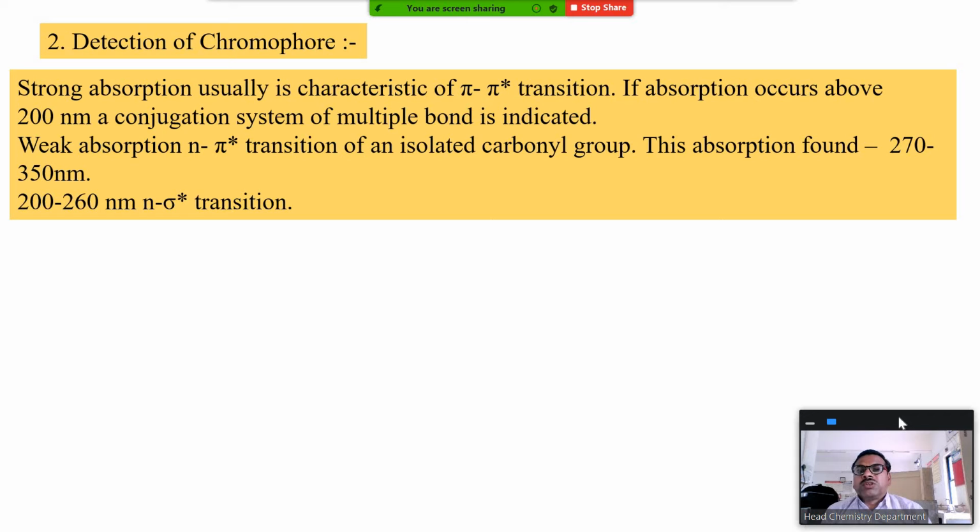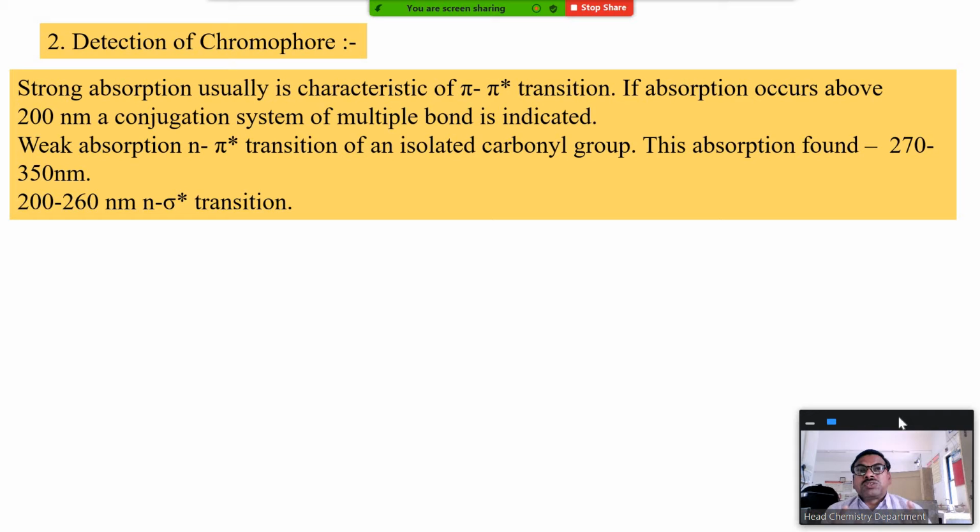The strong absorption is usually characteristic of pi to pi star transition. If absorption occurs above 200 nanometer, a conjugated system of multiple bonds is indicated. What does it indicate? The organic compound may contain a carbon-carbon double bond, carbon-oxygen double bond, carbon-nitrogen double bond, carbon-nitrogen triple bond, carbon-carbon single bond, carbon-nitrogen single bond, or it may contain C-OH or C-NH bonds.